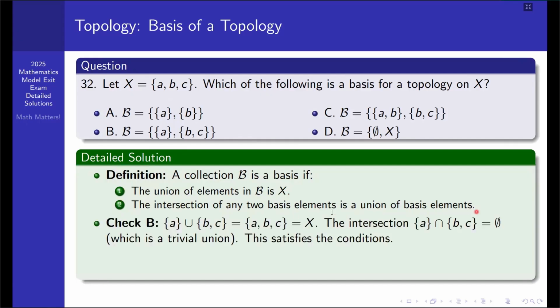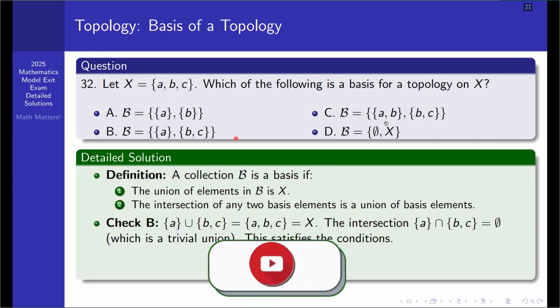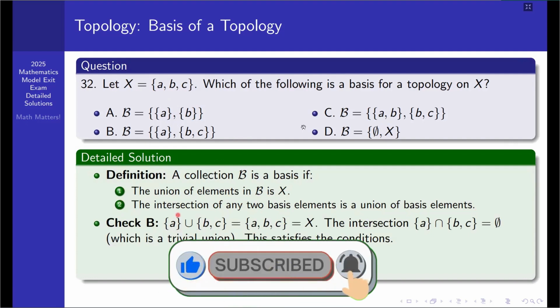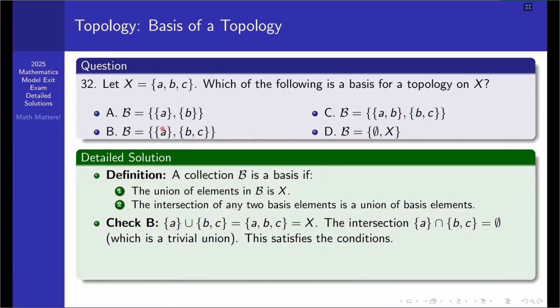So when we check these two conditions for the given sets: for B, for example, the set containing the sets A and B, and C. The first element is A, the second element could be ABC, which is X. Their intersection is the empty set, which is a trivial union. This satisfies these two conditions.